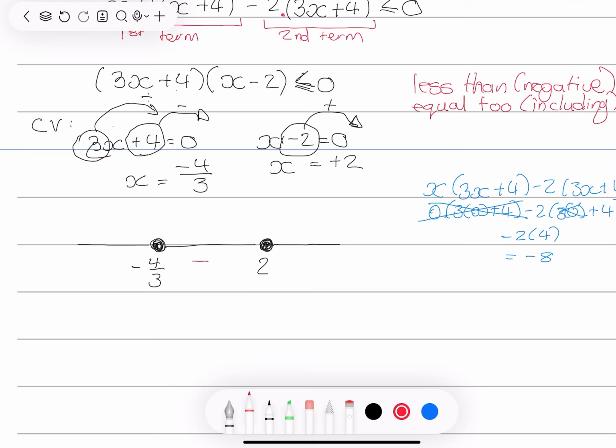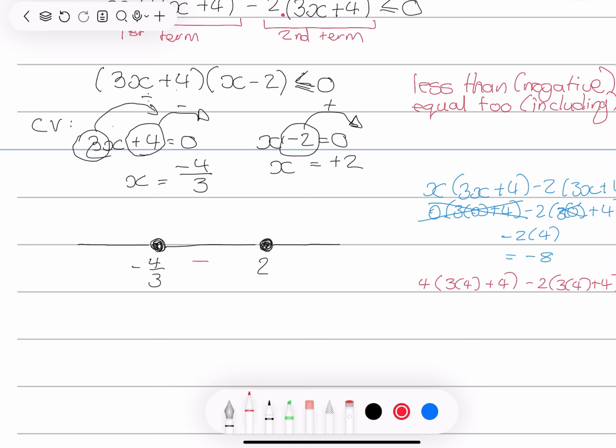If you choose a number greater than 2, you can choose 4. So let's do it again. 4 bracket 3 times 4 plus 4 minus 2, 3 times 4 plus 4.